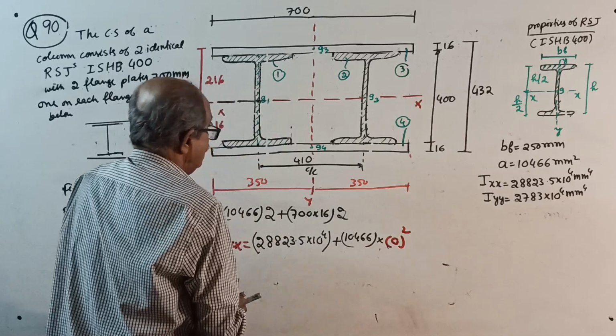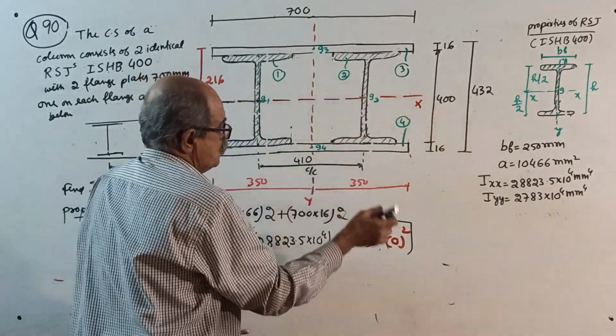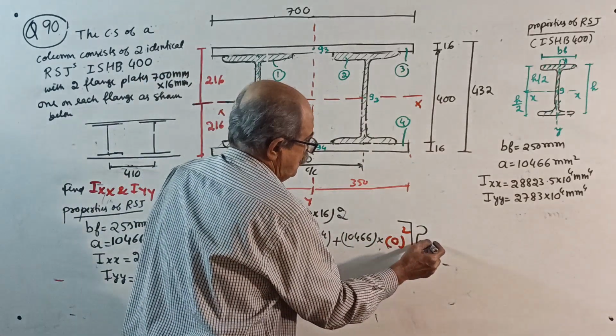This is for 1. Identical for 2, therefore multiply by 2 outside.